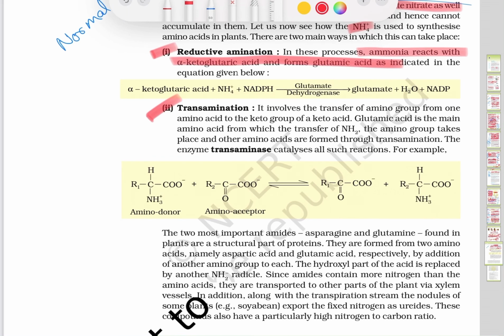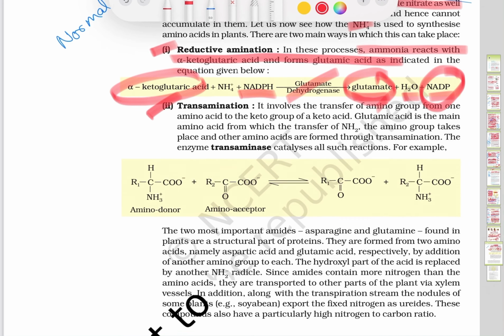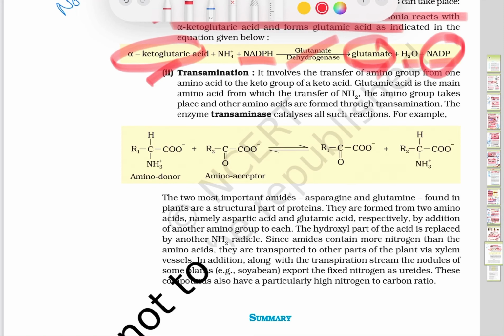Now come to transamination. It involves the transfer of an amino group from one amino acid to the keto group of a keto acid.